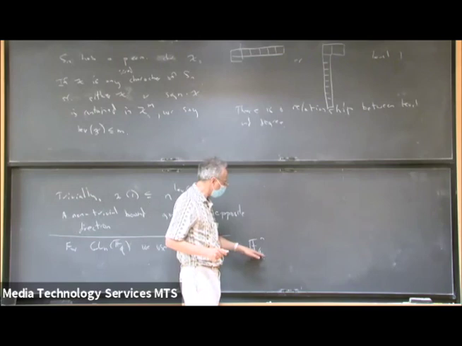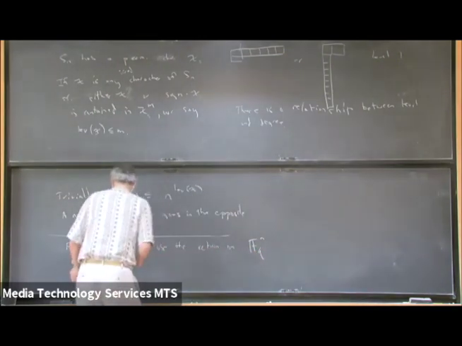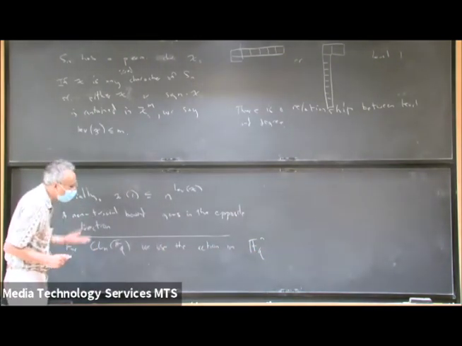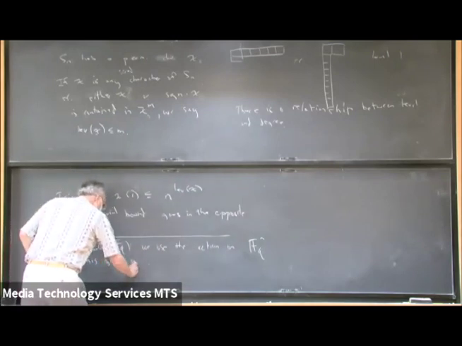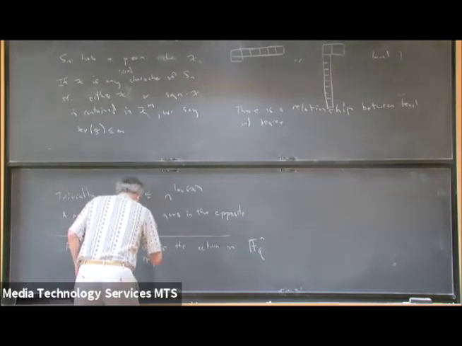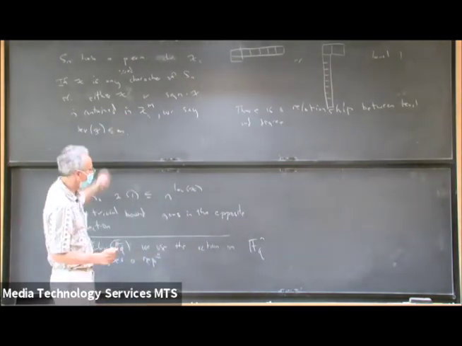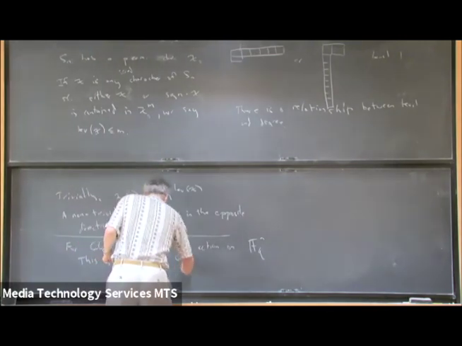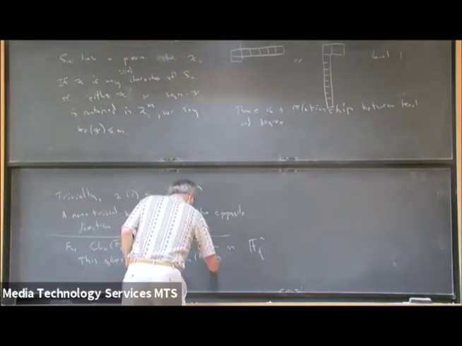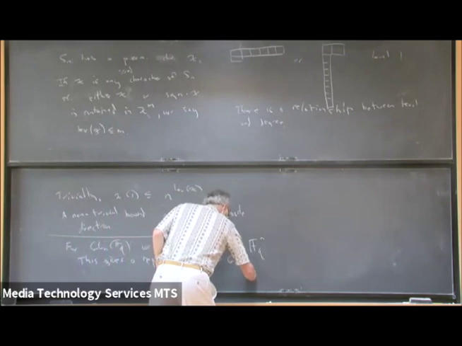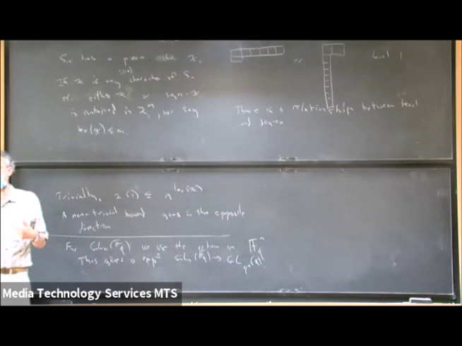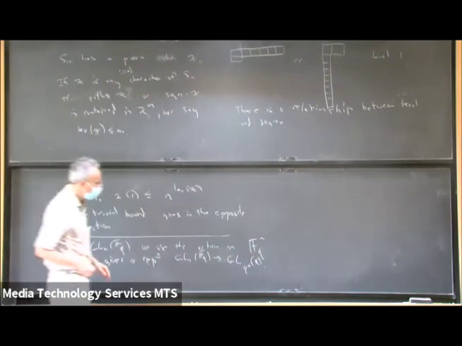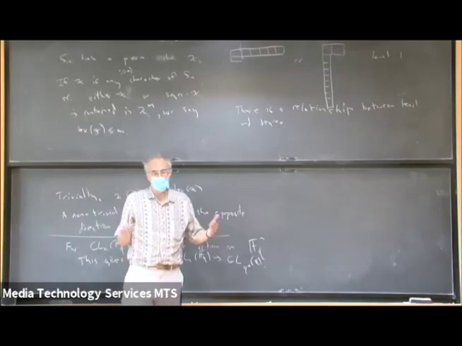You think about the complex permutation representation. It's not irreducible, but neither is the n-dimensional representation of Sn. This gives a representation GLN of Fq goes to GL of q to the n of C. And you do exactly the same thing with this character that we did with the chi 0. And this gives us a theory of levels, and we can again prove both a lower bound and an upper bound.